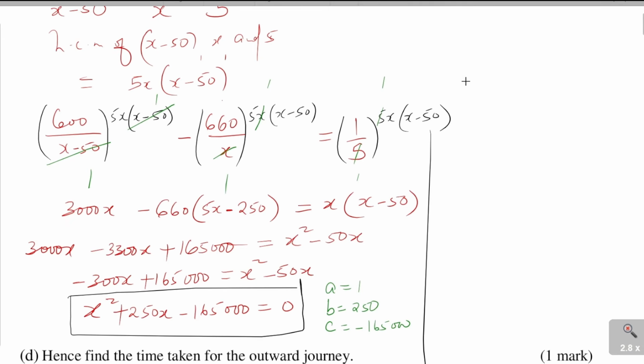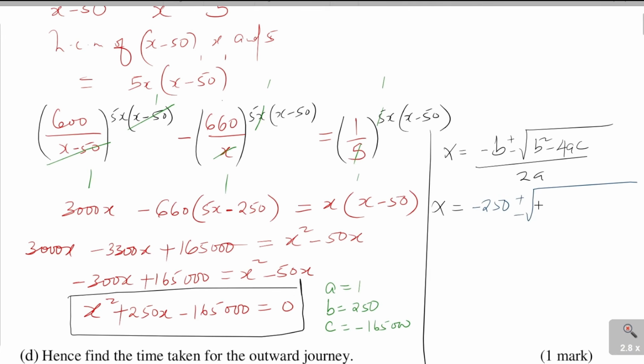So the quadratic formula is here. x is equal to minus b plus or minus the square root of b squared minus 4ac, divided by 2a. So x is equal to minus b, which is minus 250, plus or minus the square root of 250 squared minus 4, a is 1, c is negative 165,000, everything divided by 2 times 1, 2.